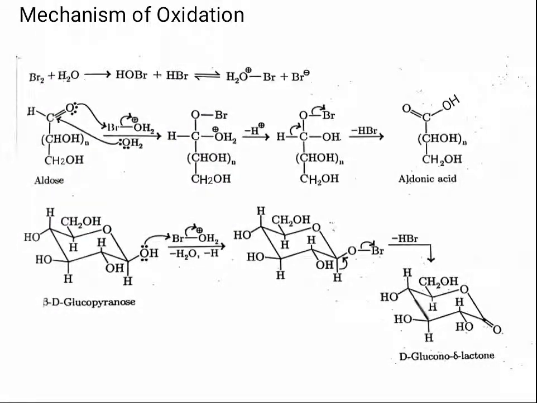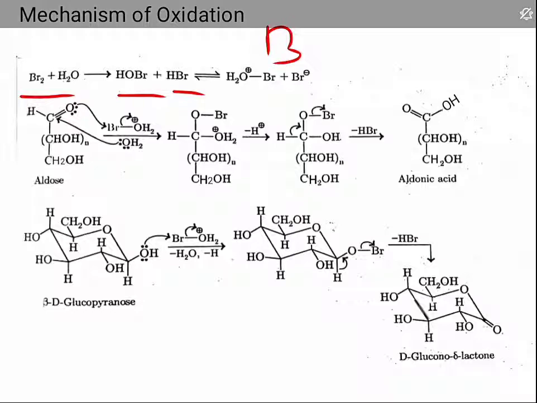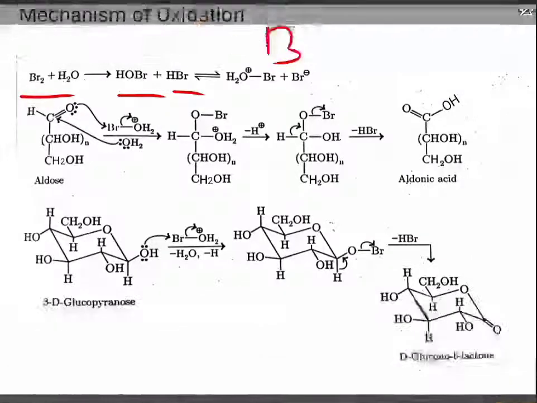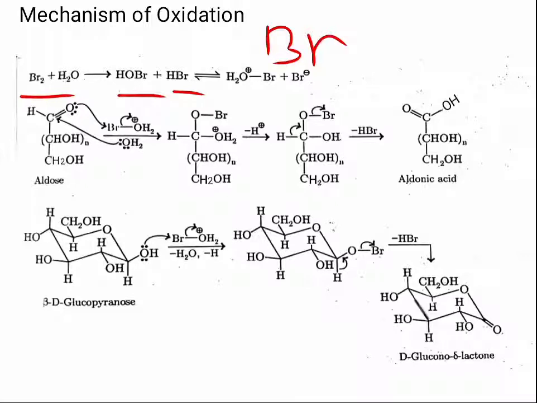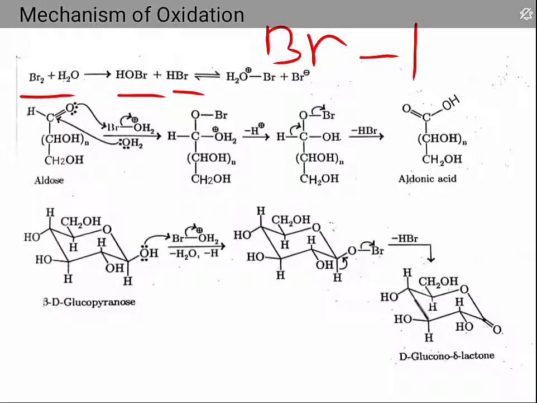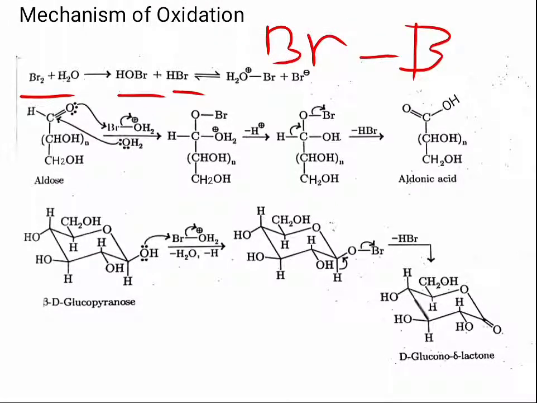Now see the detailed mechanism of oxidation. You have bromine water. That means HOBr plus HBr. You know bromine can break heterolytically. If you take this Br2, after the heterolytic cleavage, one will become Br minus, another one becomes Br plus.